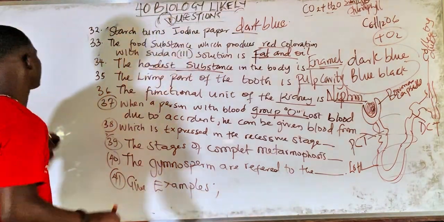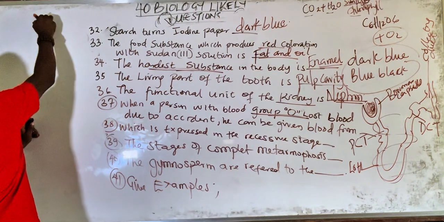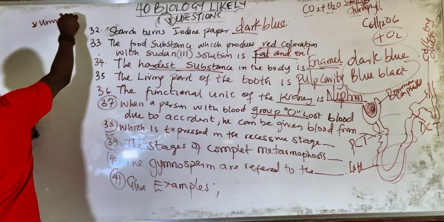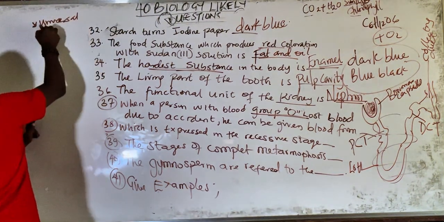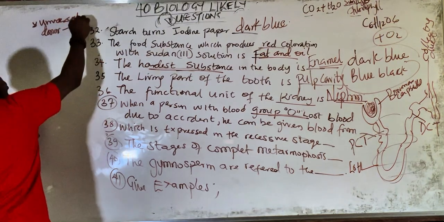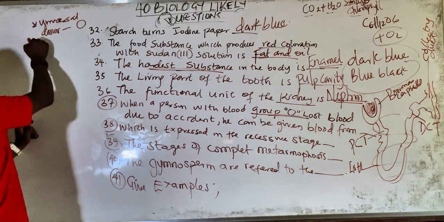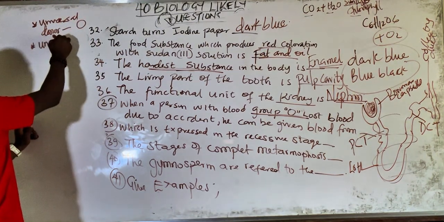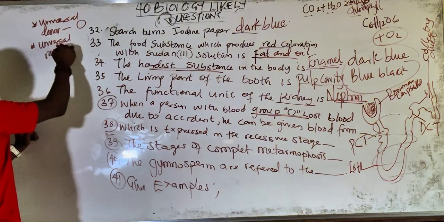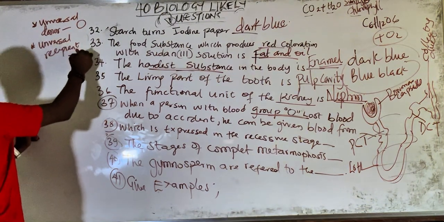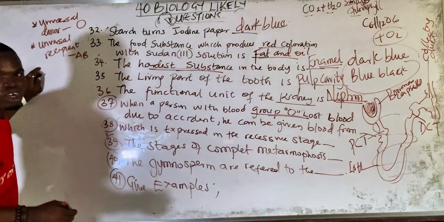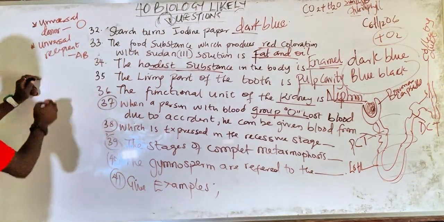Good. So now, first of all, you must know that the universal donor is blood group O, while the universal recipient is AB. So we'll be talking about the ABO system.